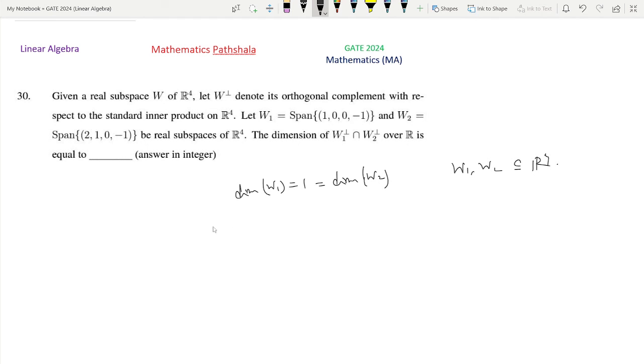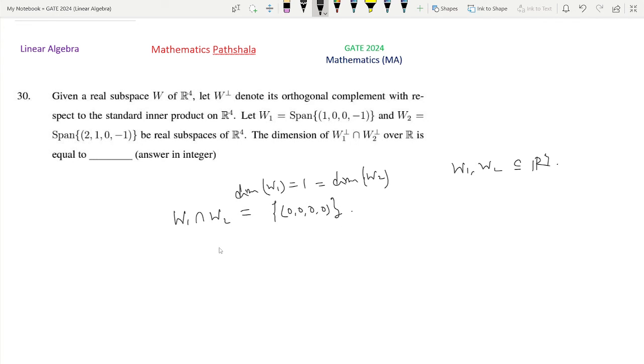Now, from the given subspaces W1 and W2, it is very clear that W1 intersection W2 will be just the singleton 0, that is the zero element of R4, 0, 0, 0, 0.